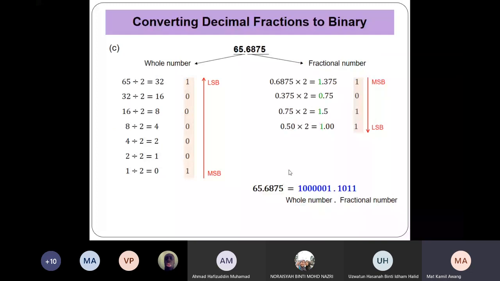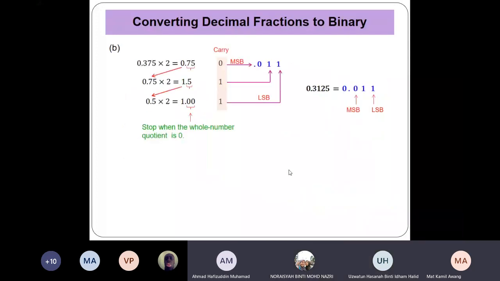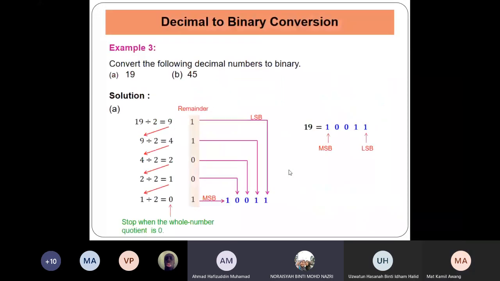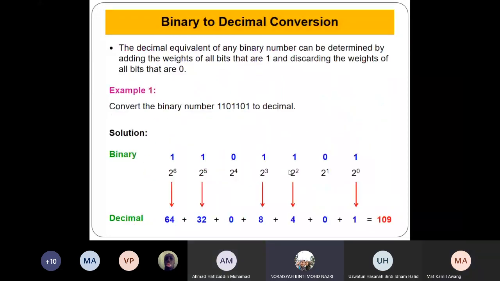So any question so far? Yang table tu je saya tak faham. Which one that table you didn't understand? Yang zero, yang binary tadi. Ada table besar. Division tu ke? Division method. This one?